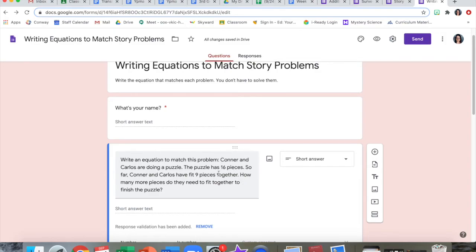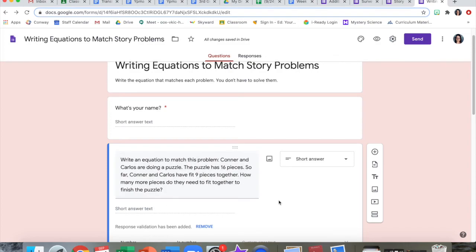It doesn't have a lot of pieces and then you are using 16 of them and then 9 are left. It has to match. So don't forget, whether you're adding or subtracting has to make sense with the story. Your beginning, middle, and end has to make sense with the story. And use the question mark to show where the missing number is. Next week, we'll actually start solving it and figuring out what the missing numbers will be.